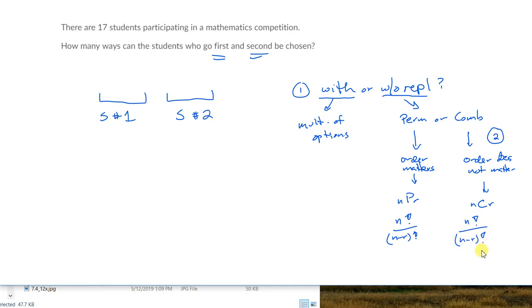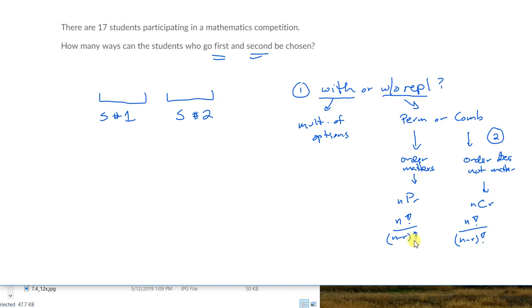The question is, which one gives us fewer items in the result? If the order matters, then choosing Bob then Mary is different than choosing Mary then Bob, so you get lots of different outcomes, a big number. If the order does not matter, then Bob Mary is the same as Mary Bob. They're both the same committee.